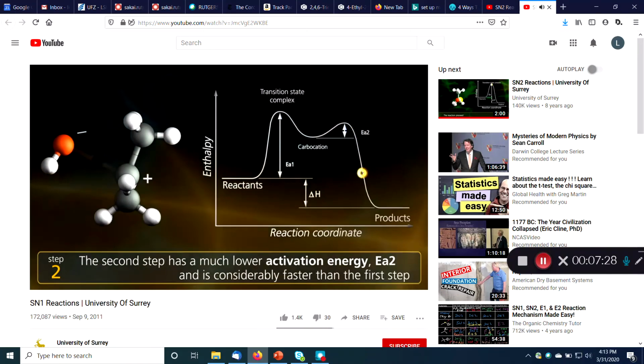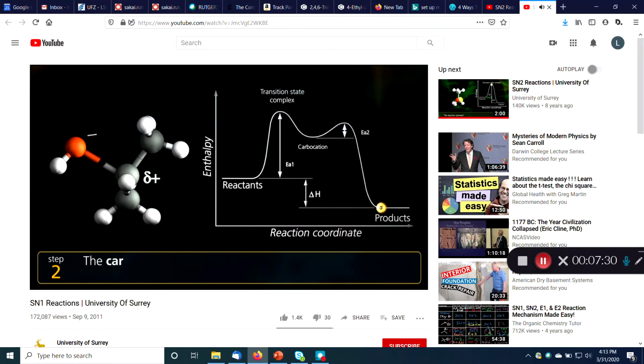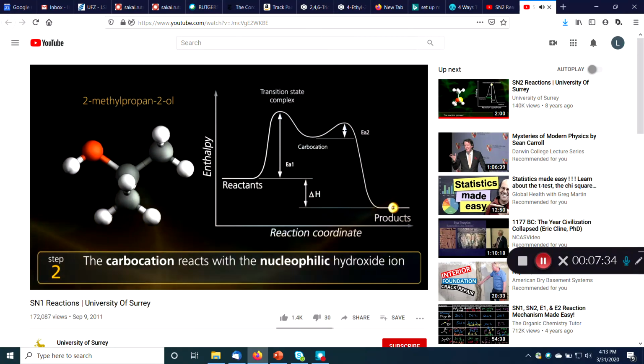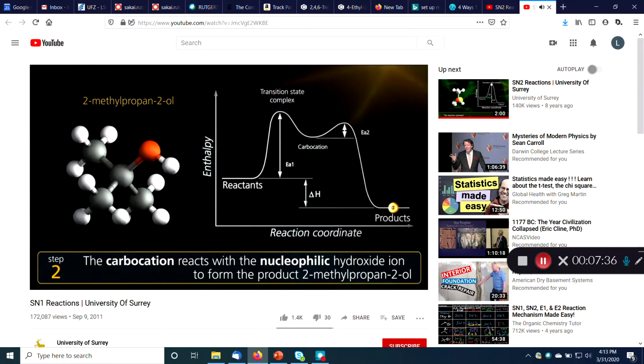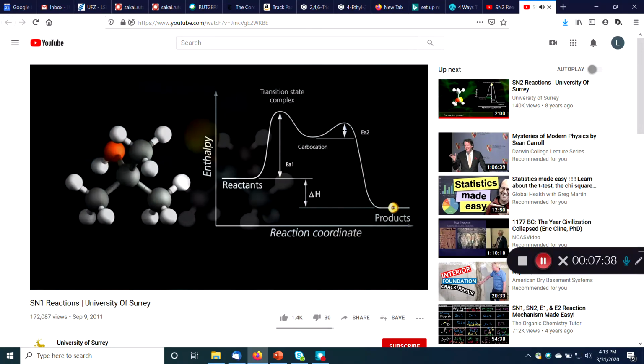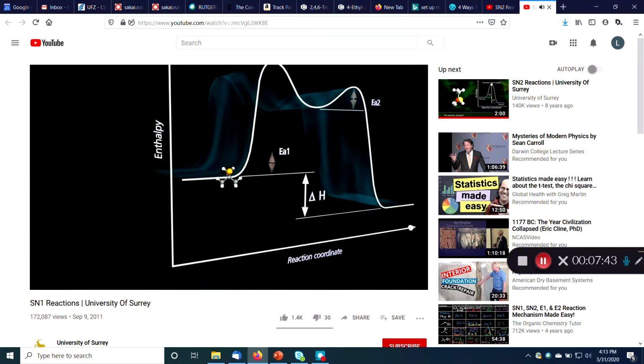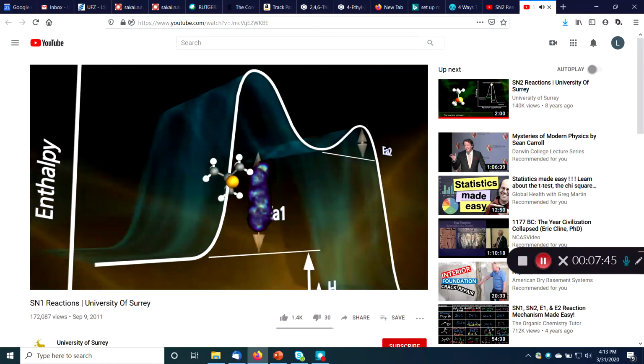Now in this animation, they're showing that the carbocation gets captured by hydroxide. That's realistic, except that in water, there's a lot more water around than there is hydroxide. So in fact, the carbocation gets captured by a water molecule, not a hydroxide, but the end result is the same. You're going to get the alcohol.